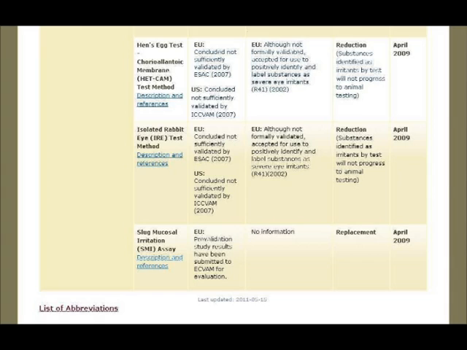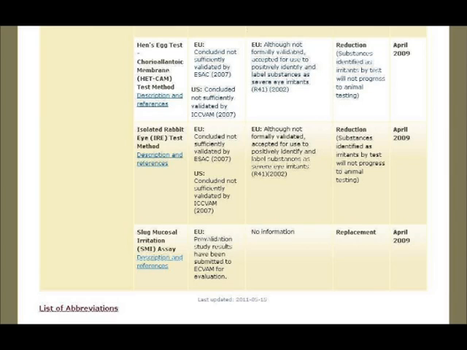In the EU under regulatory status, it says, although not formally validated, it is accepted for use to positively identify and label substances as severe eye irritants. And in how it will affect animals, this column, it says reduction. Substances identified as irritants by test will not progress to animal testing.